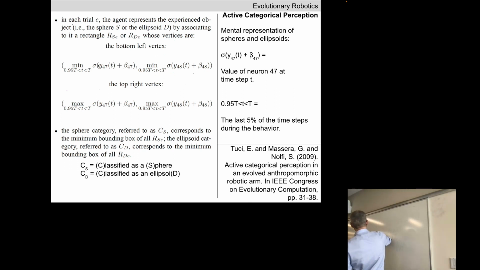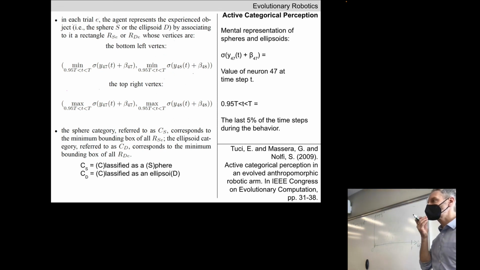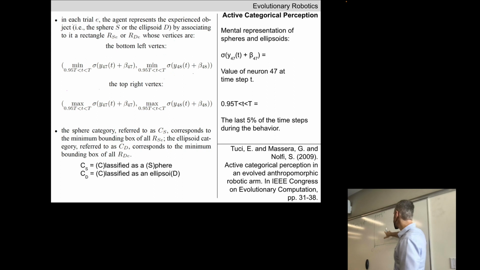So if I create a two-dimensional figure where we're going to put the value of the 47th neuron on the horizontal axis, and we're going to put the value of the 48th neuron on the vertical axis, and these values are always going to range between 0 and 1, we can then plot how these two neurons change over time as a trajectory moving through this two-dimensional space.